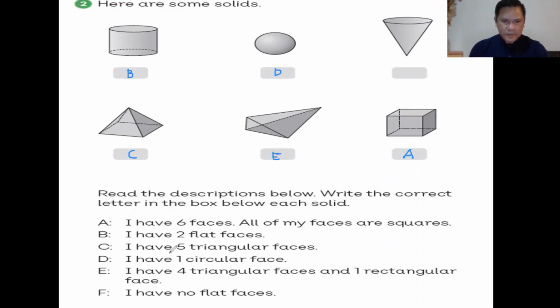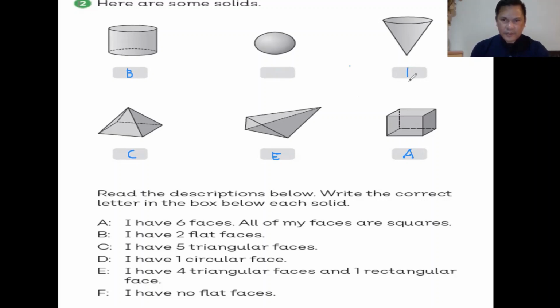Then, I have no flat faces. Which one? I think we are wrong about here, so we will erase this one. Then the answer is this one, the letter D is here, with 1 circular face.